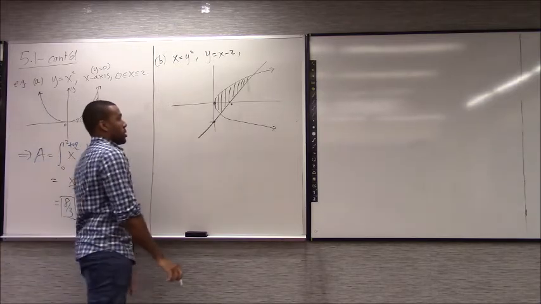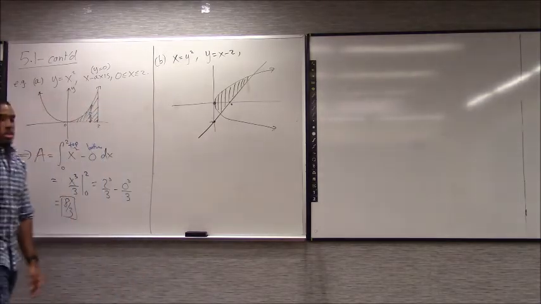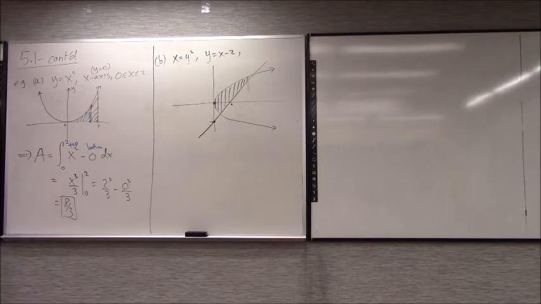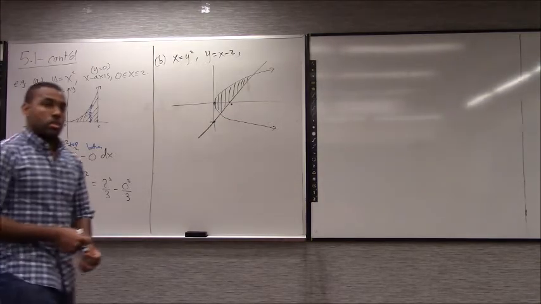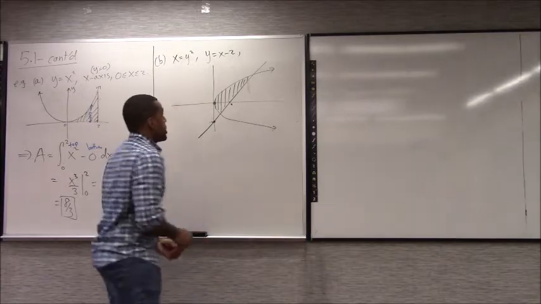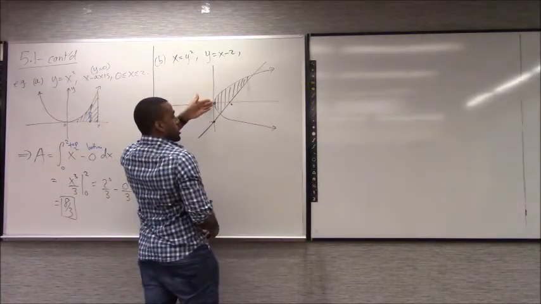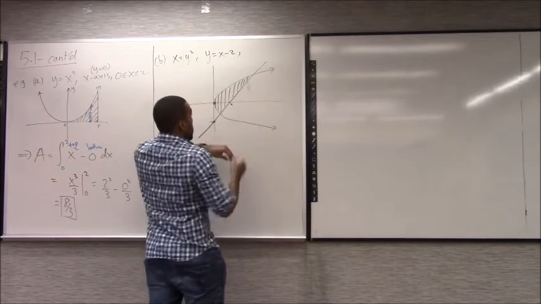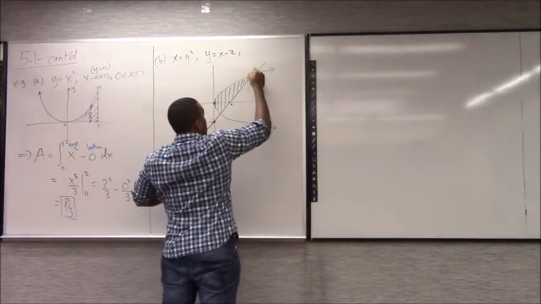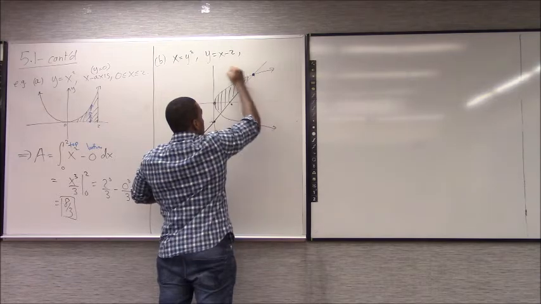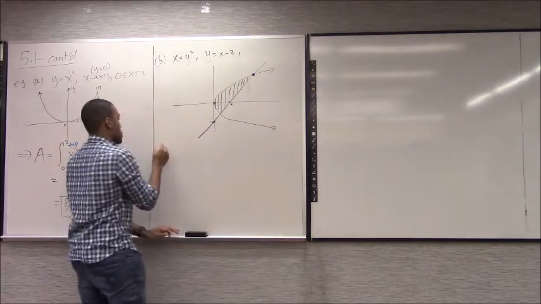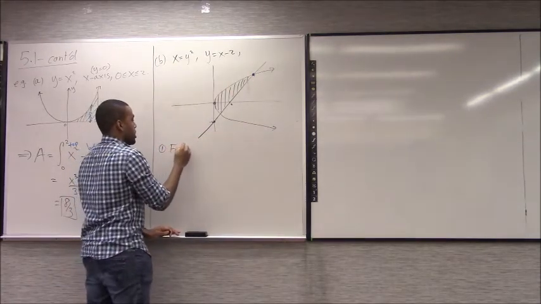Okay, so how would you do this one? What's the first step? I set the equations equal to each other to find the intersection points. Right, so we need to know what to integrate between. 0 seems to be the obvious choice for one limit, but we don't even know. I want to figure out what the x and y coordinates of that point are. So the first thing we're going to want to do is find intersections.